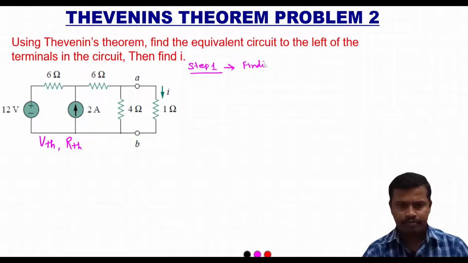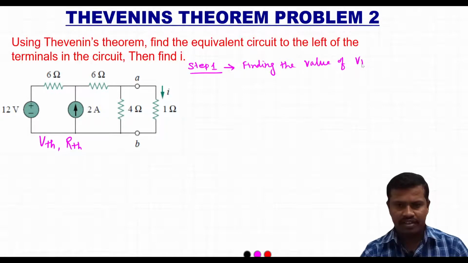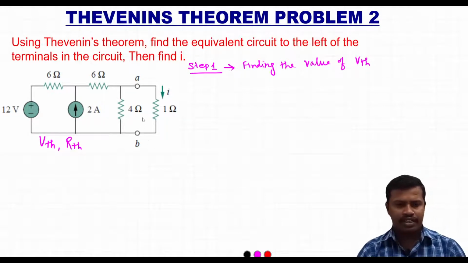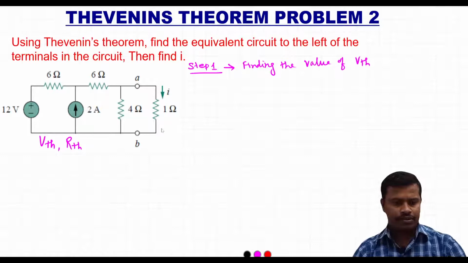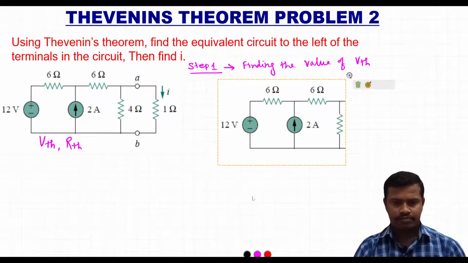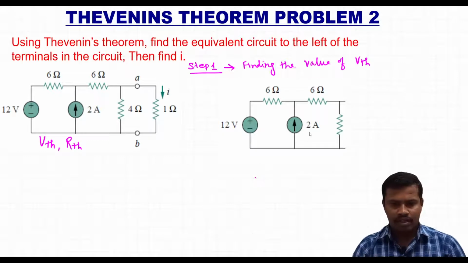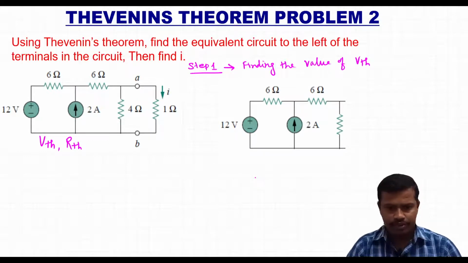Finding the value of VTH. Further we need to redraw the circuit with terminals A and B open circuited, or we need to remove the 1 ohm resistor from the circuit. Now this is the circuit.